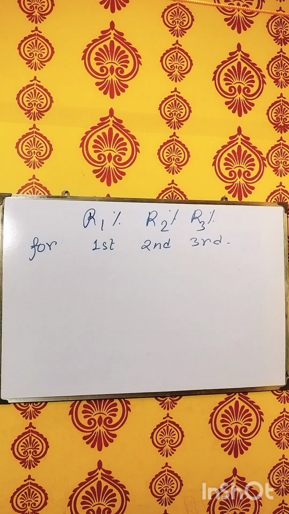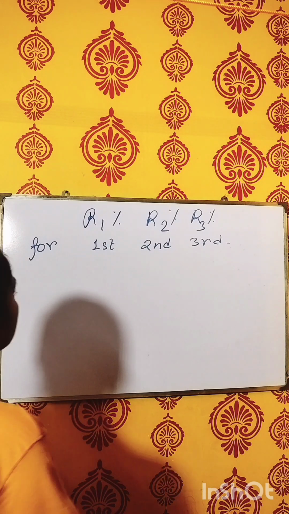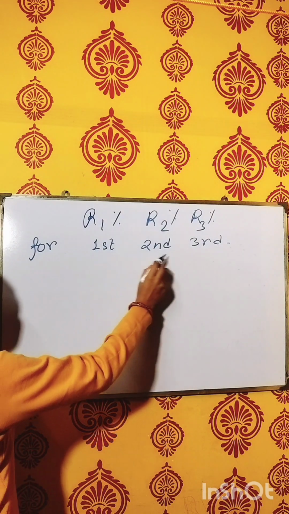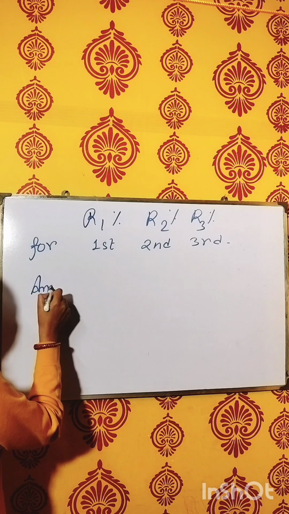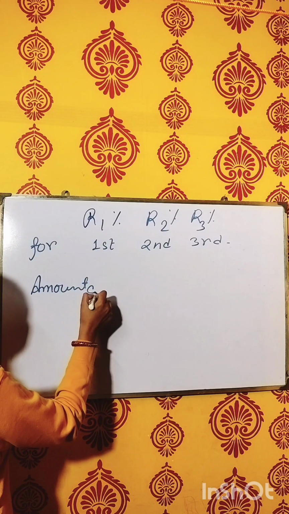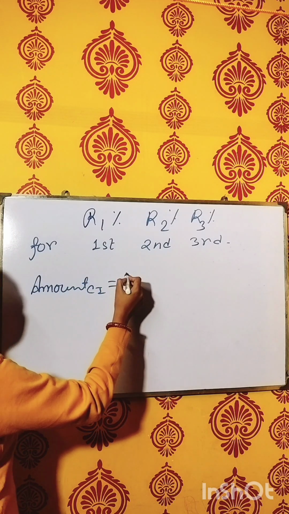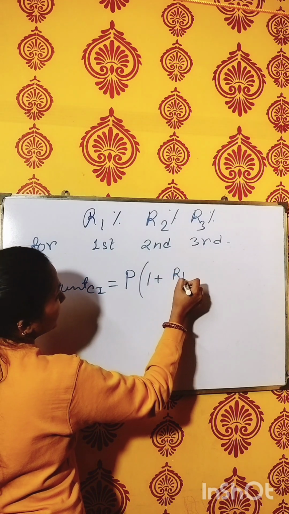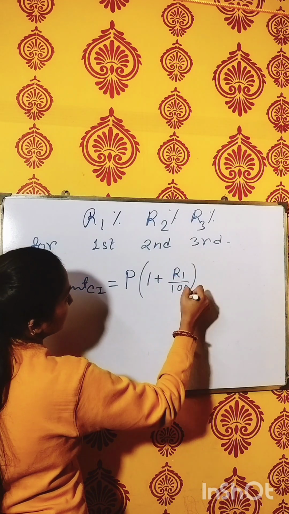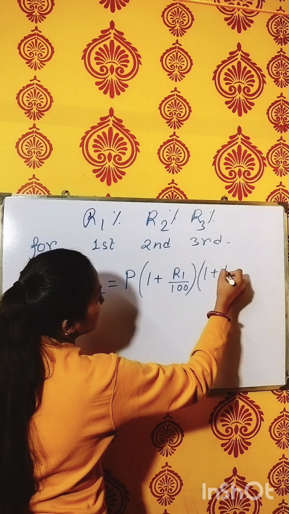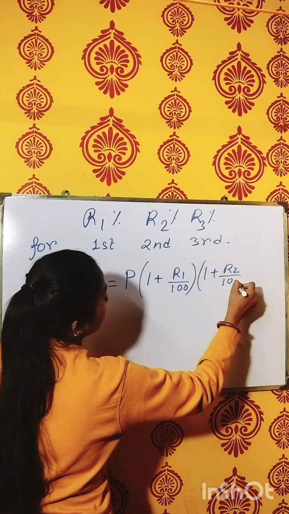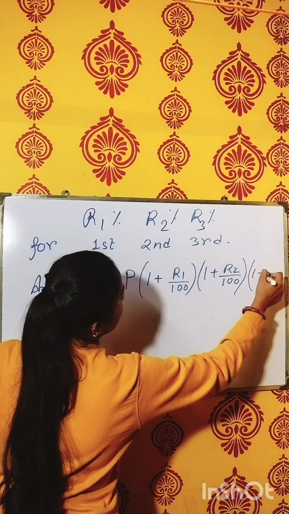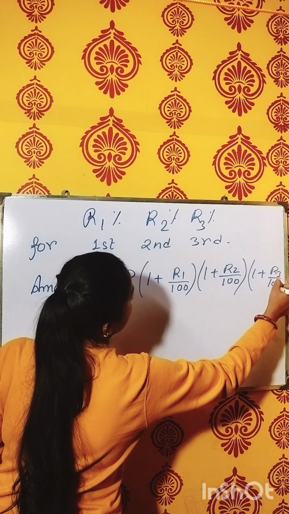The amount in CI for these successive years will be P multiplied by (1 plus R1 by 100) multiplied by (1 plus R2 by 100) multiplied by (1 plus R3 by 100).